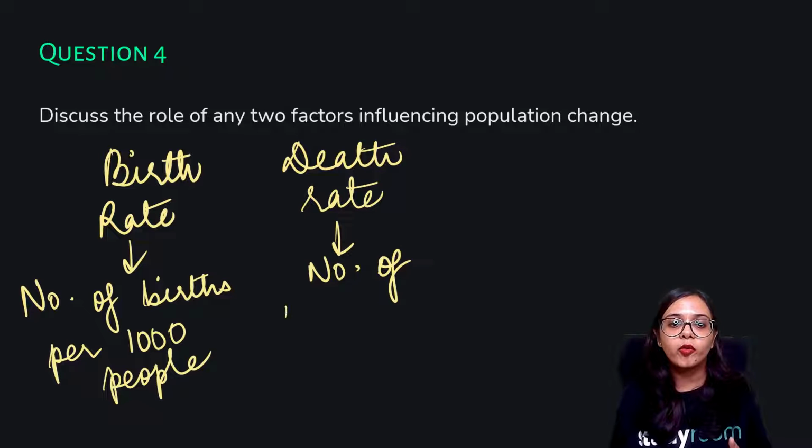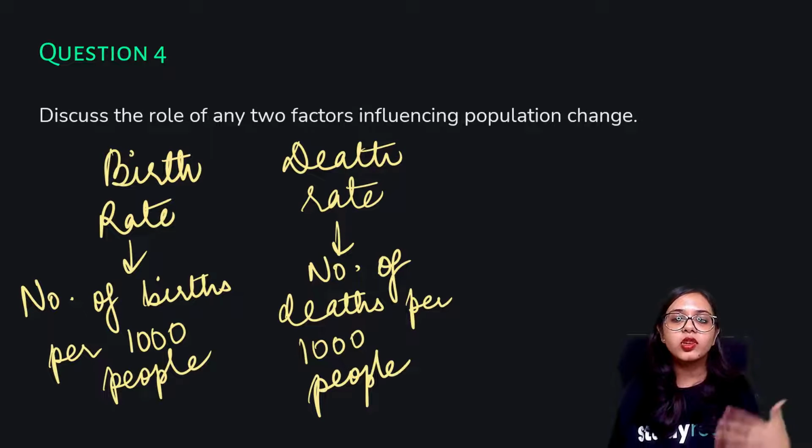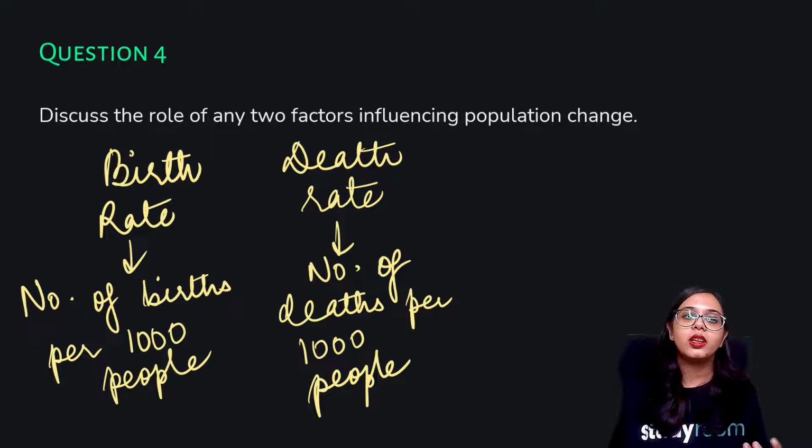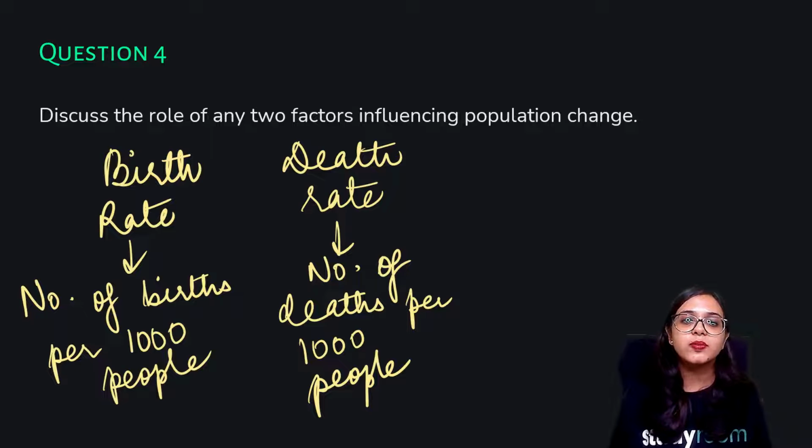So number of people dying, in consideration to 1,000 people of that particular area. And the population is said to be increasing when the birth rate is higher than the death rate, and the difference between this birth rate and death rate is what we have, the natural population growth rate.